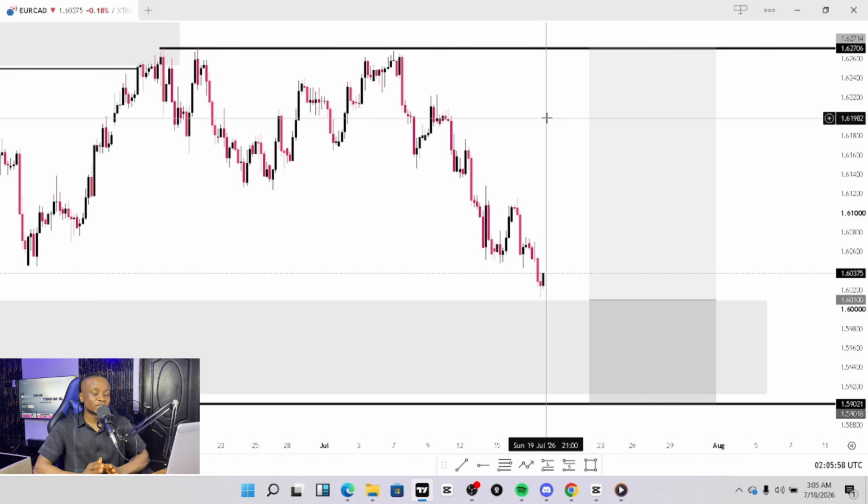Okay, so this is how we look to play EURCAD, because EURCAD has already shown us that it's rejecting the sellers and that the buyers are more interested in this market and most likely want to take out the strong high. So that is why we are very much interested in EURCAD and looking to allocate capital to EURCAD come next week, most likely.